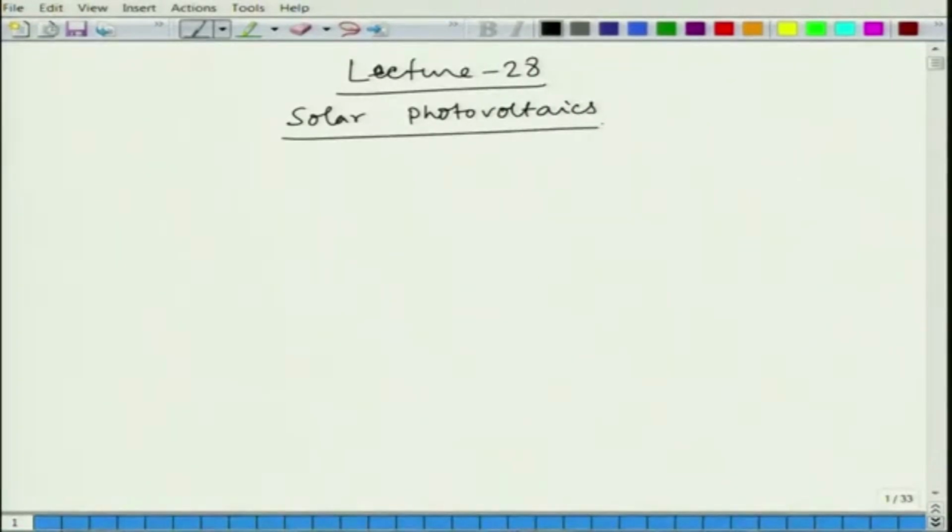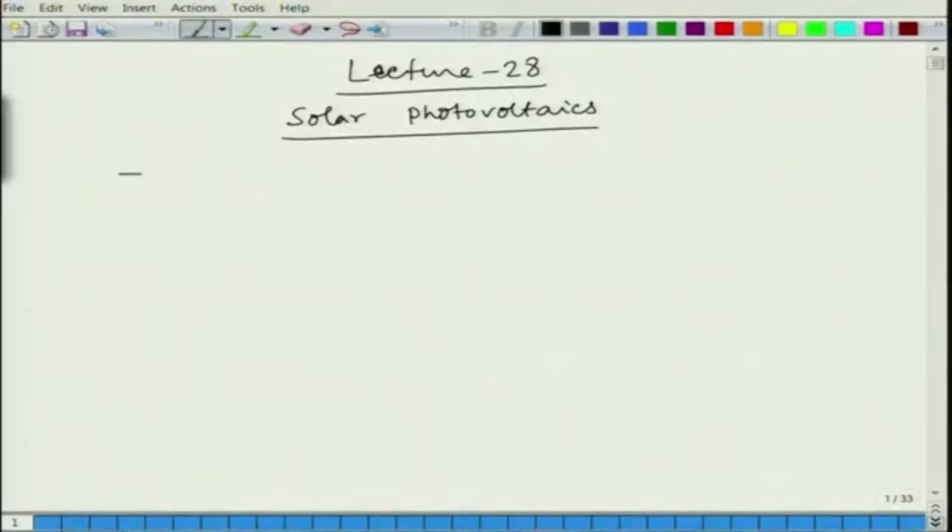Of course, with the remaining part of the course there will be few lectures in which we will not be able to complete all the nitty-gritty details of solar photovoltaics, but you will be introduced to the major mechanism of how photovoltaics works and how you can design or use a solar photovoltaic panel, with understanding.